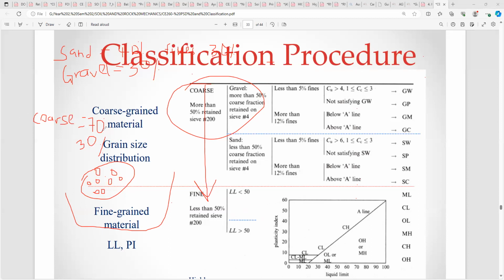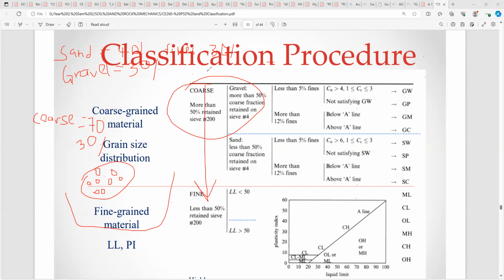So here we have 70% of the coarse, and that suggests that we are going straight for the upper half of the table. Or if I should explain further, the percentage retained on sieve number 200 is the same as the percentage for the sand plus the percentage for the gravel, which in combination gives you the coarse fraction.